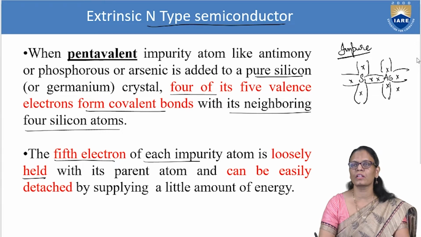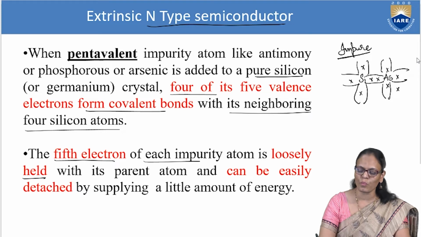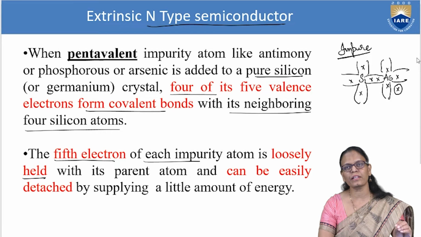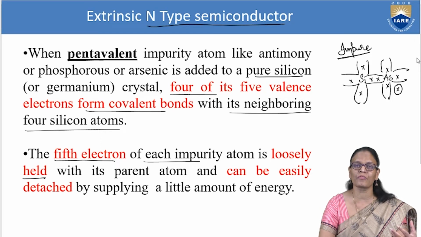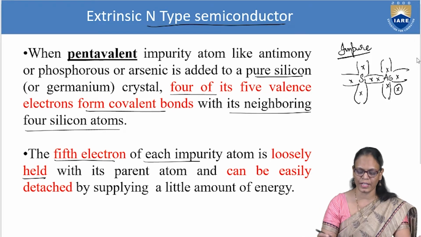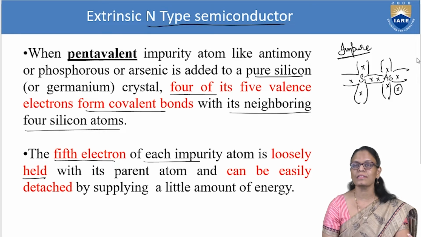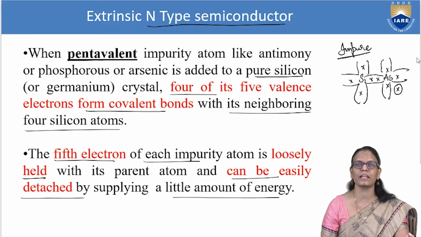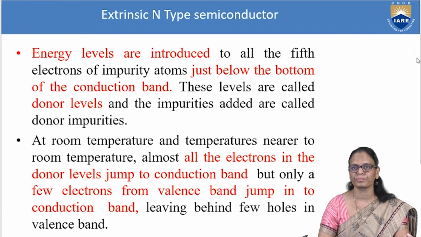Even after the bond formation, 1 electron is free. So for every atom that we are adding, free electrons are generated, and we call them free electrons or conducting electrons, and they can be easily detached by supplying a very little amount of energy.